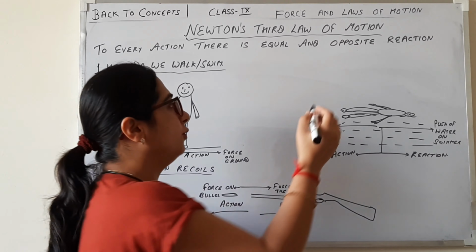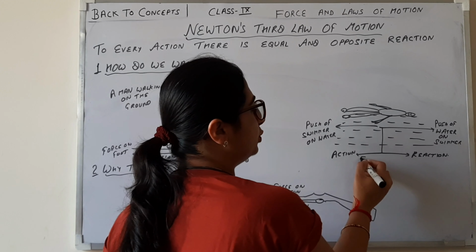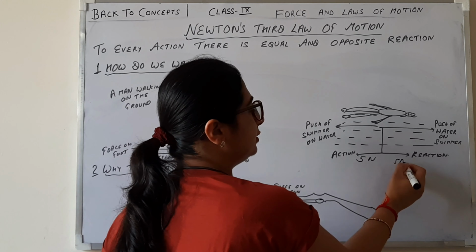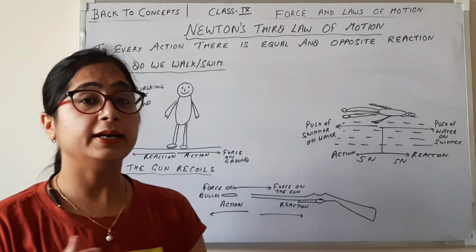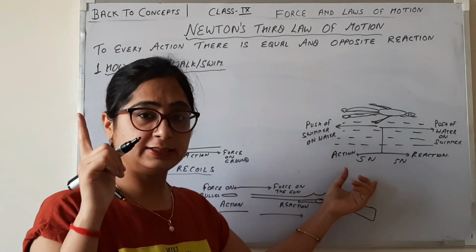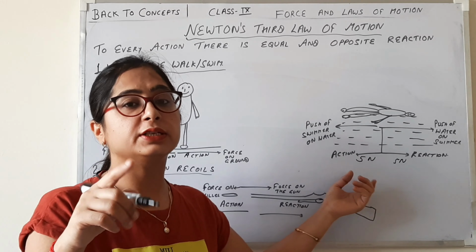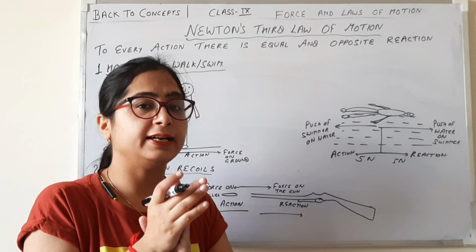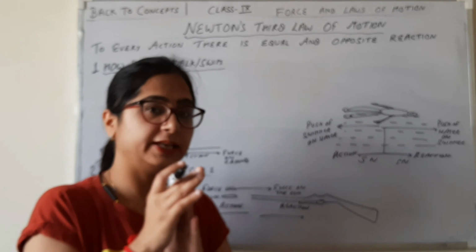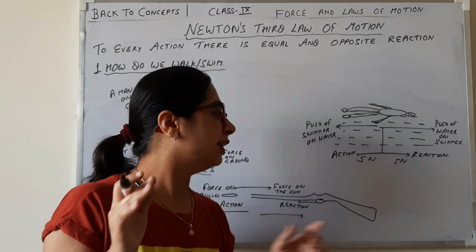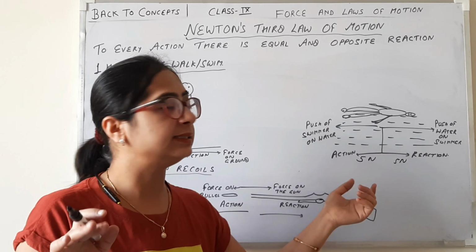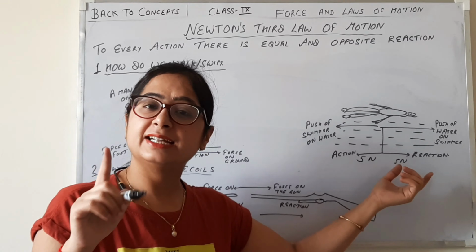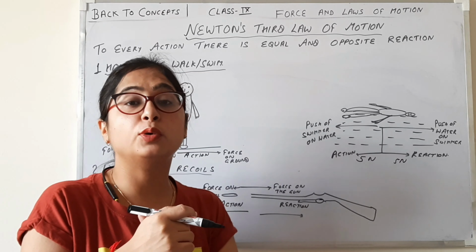Suppose this is a 5 Newton force and this is a 5 Newton force. The force is the same, equal and opposite on both bodies, but the body will accelerate according to its mass. If the mass is greater, the body will accelerate less, and if the mass is less, the body will accelerate more.